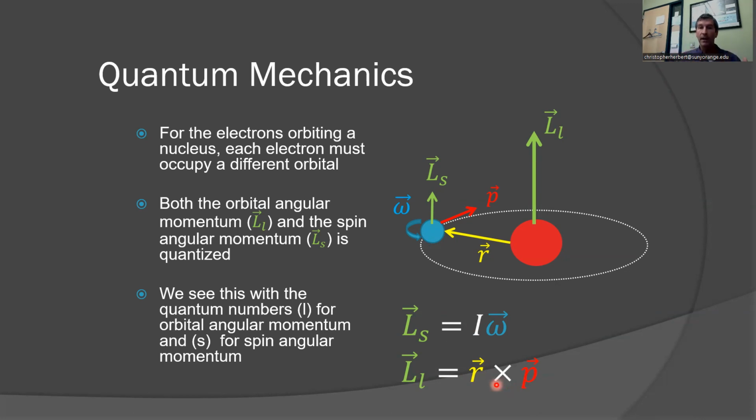So we're looking at the electron in terms of its classical picture. In the classical picture, there would be no restriction for what the spin could be. In quantum mechanics, it can be spin up or spin down. In classical mechanics, the orbit is not restricted. In quantum mechanics, our orbit is quantized.